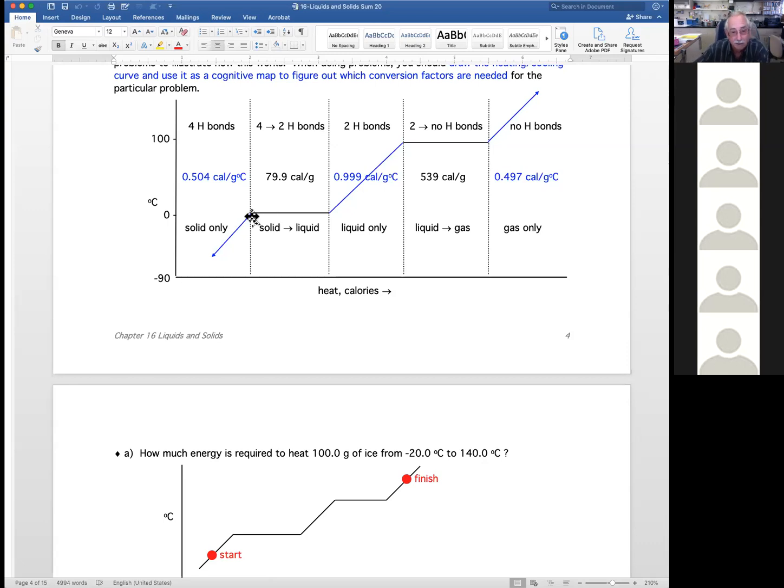And then magically, you're watching it, it's 0 degrees. Here it's 100% solid. Here's 50% solid, 50% liquid. Now it's all 100% liquid at 0 degrees. And now magically, if you add more heat energy, the temperature of the water increases.